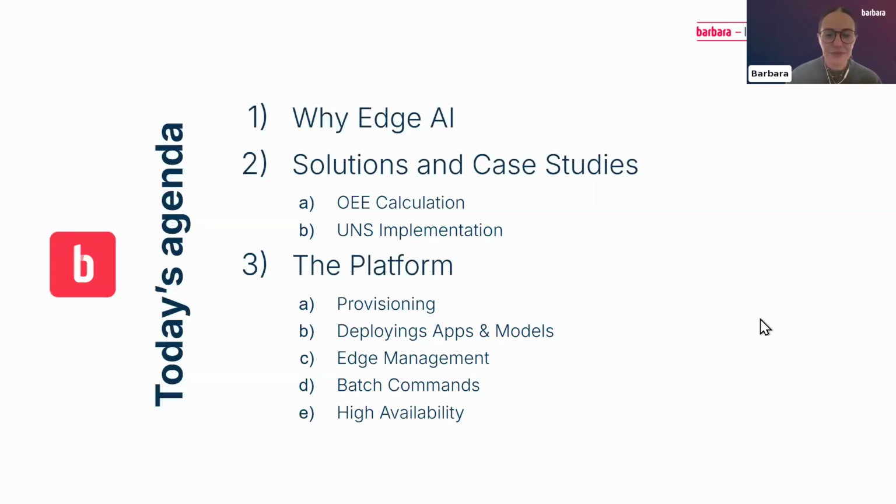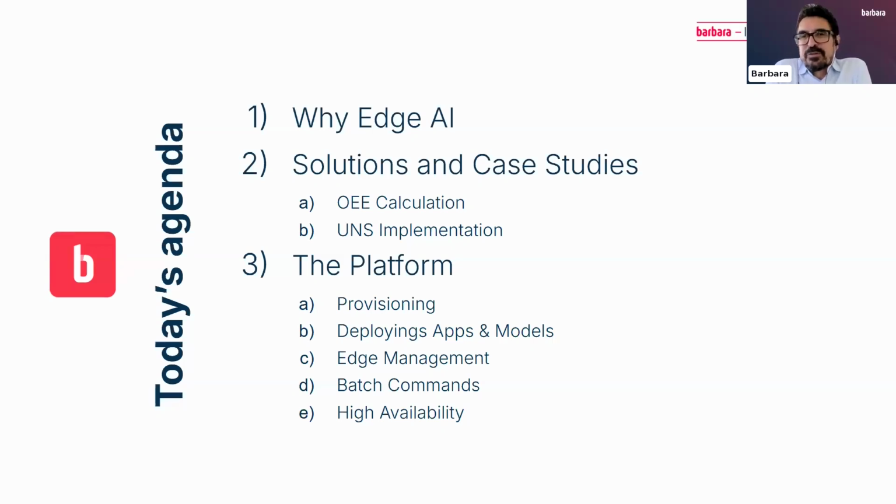Fantastic. So let me share the agenda we're having today. It is a really basic agenda. We are going to focus on the most important things, which are basically an introduction to know why to use Edge AI, what the benefits of using the Edge instead of the cloud are when performing computation, especially in the industrial world and especially when using AI models. Then we will present a couple of case studies.